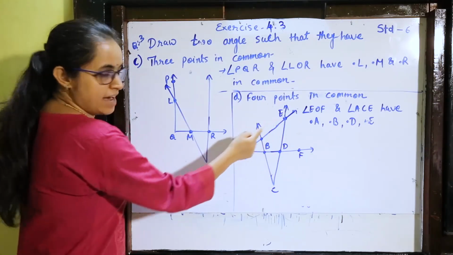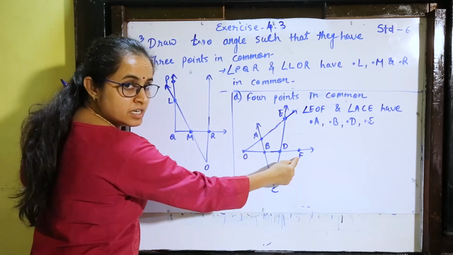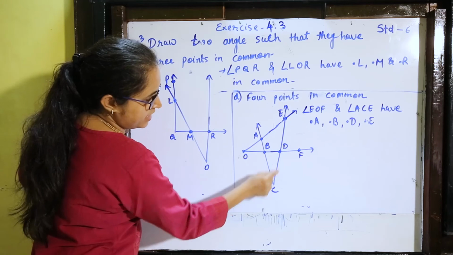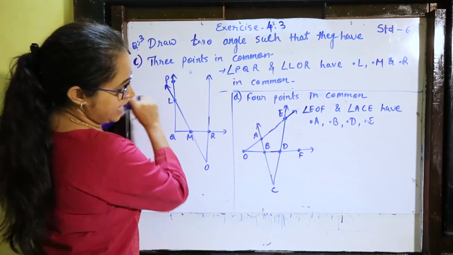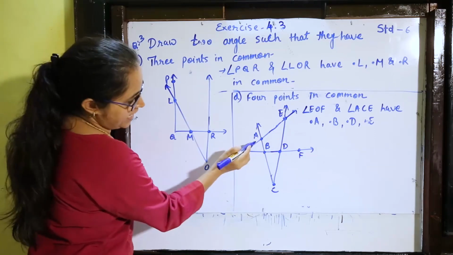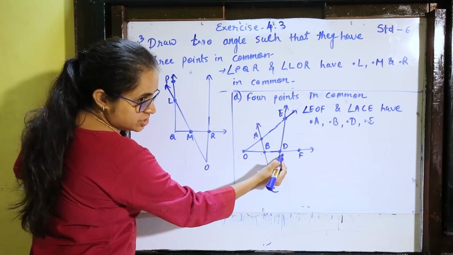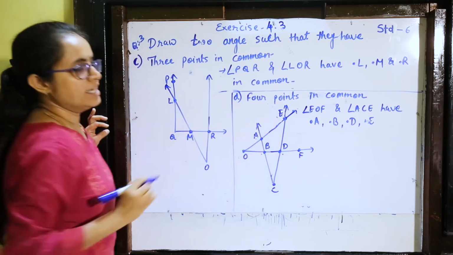See, I have drawn two angles, angle EOF and angle ACE. Okay, and in these two angles we have 4 points common: point A, point B, point D and point E.